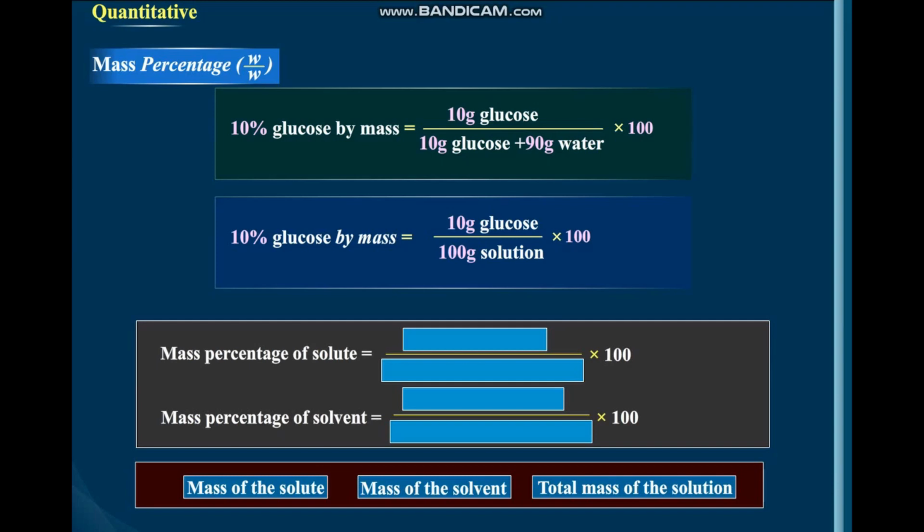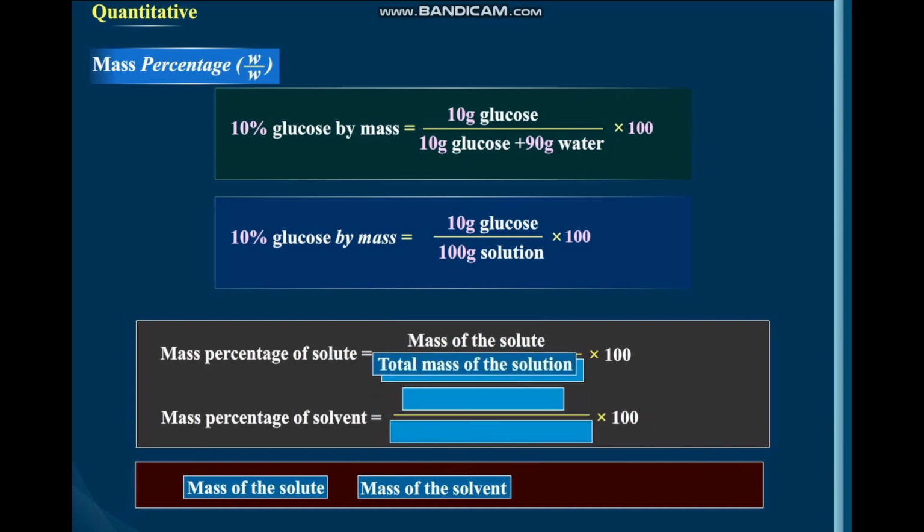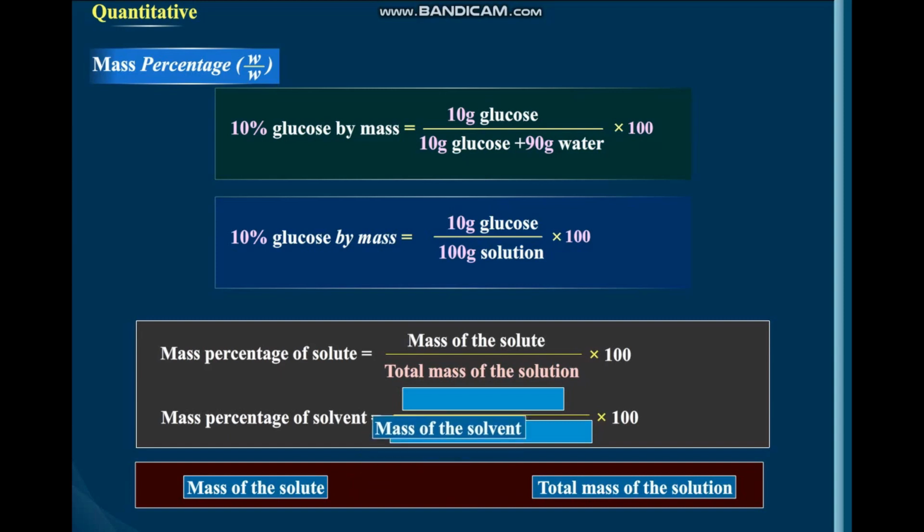Mass percent of the solute, as you can see here, is given as a fill in the blanks; you will know it. Mass percentage of the solute is mass of the solute divided by the total mass of the solution into 100.